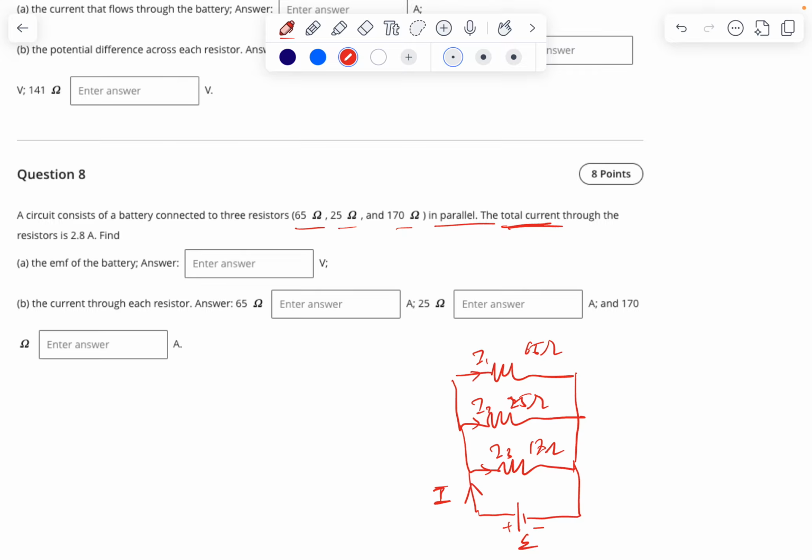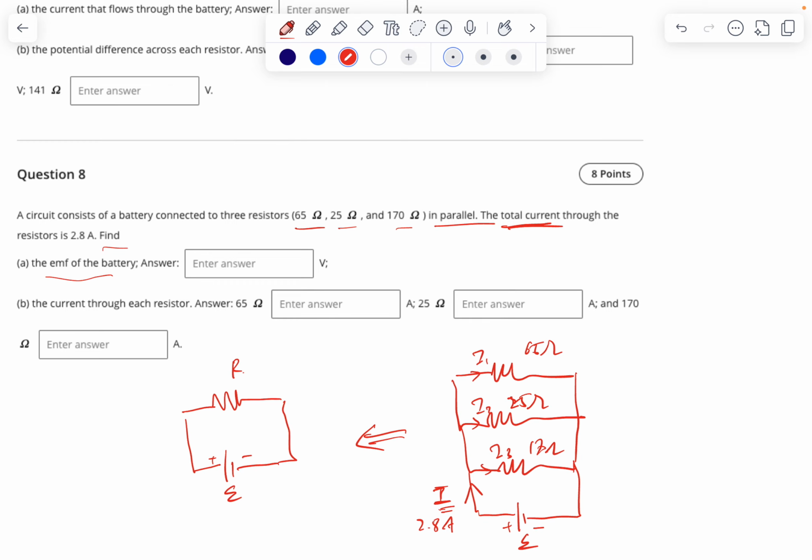All right, the question here is, what is the EMF? First, we'll find the EMF of the battery. For a circuit like this, we know the current, which is 2.8 amp. For a circuit like this, you have to simplify it into this circuit, so one resistor and EMF.